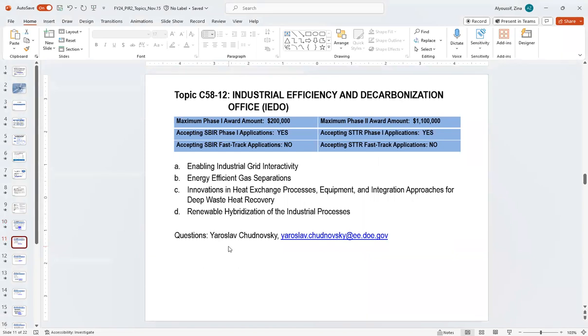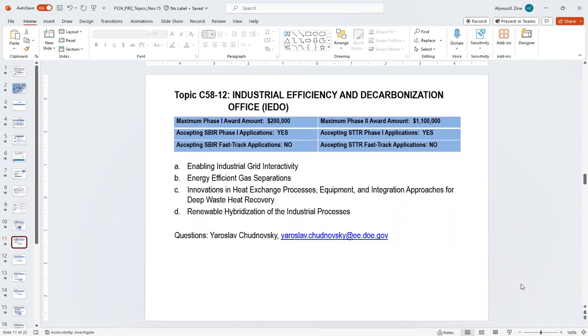I'm Yaroslav Chudnovsky, and I'm managing the entire topic C58-12 for the Industrial Efficiency and Decarbonization Office. As many of you know, the Industrial Efficiency and Decarbonization Office is relatively new.